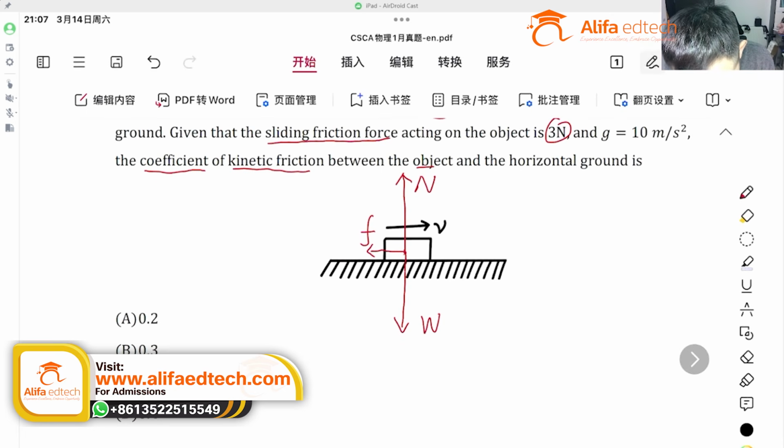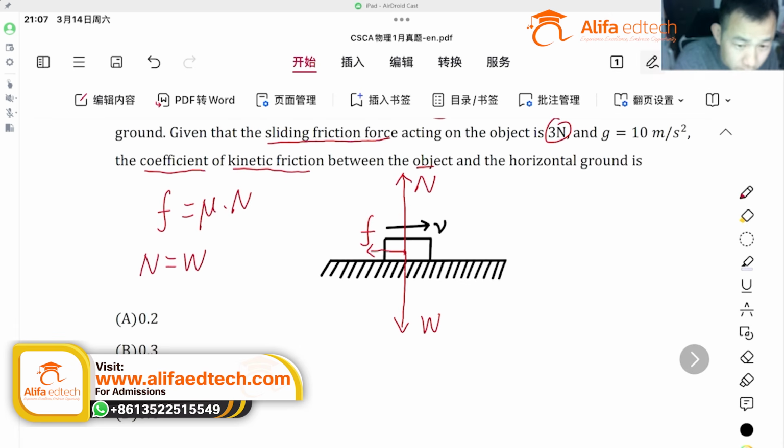As friction force, 摩擦力等于 mu N. So to calculate the coefficient of kinetic friction, we need to know the support force. And here, the support force must equal the weight of the object.